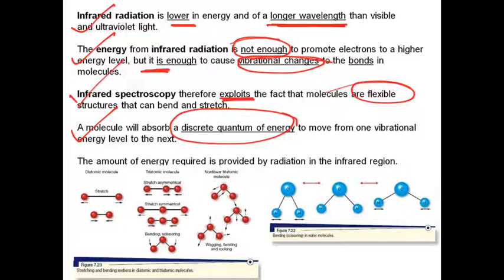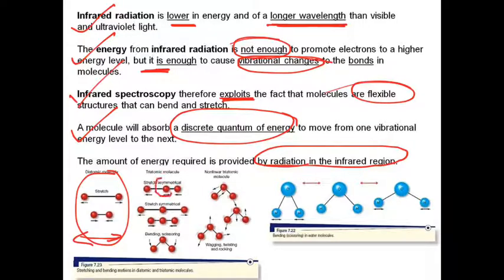The amount of energy required is provided by the radiation in the infrared spectrum. That's what we're studying now. Down at the bottom of this screen you can see all kinds of stretching and vibrating going on. This middle atom is moving laterally towards the two end ones, and you've got all sorts of crazy things going on here, like a wagging.